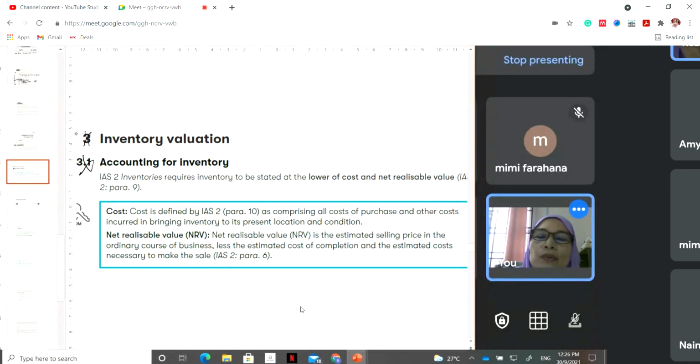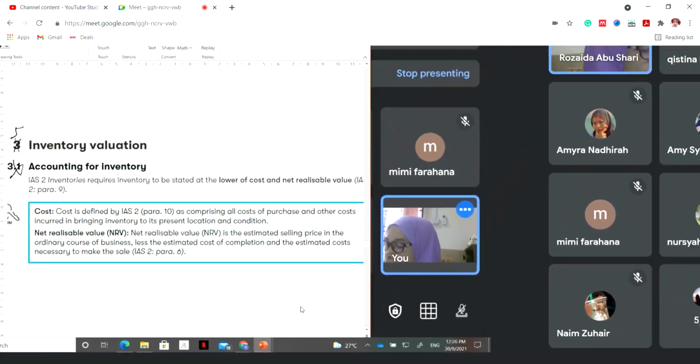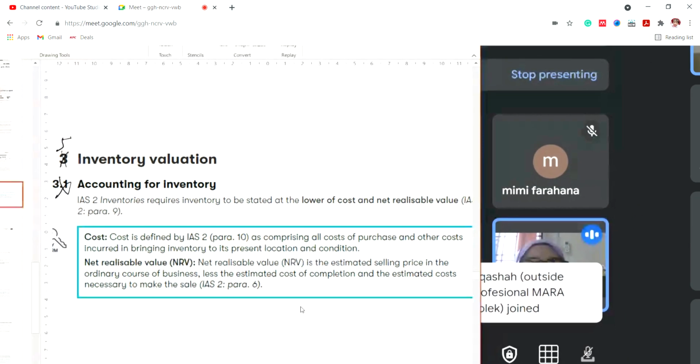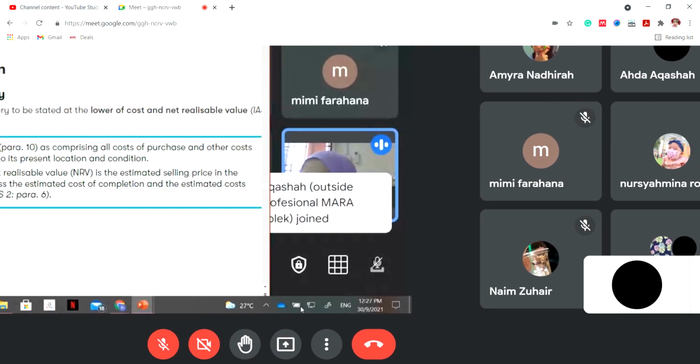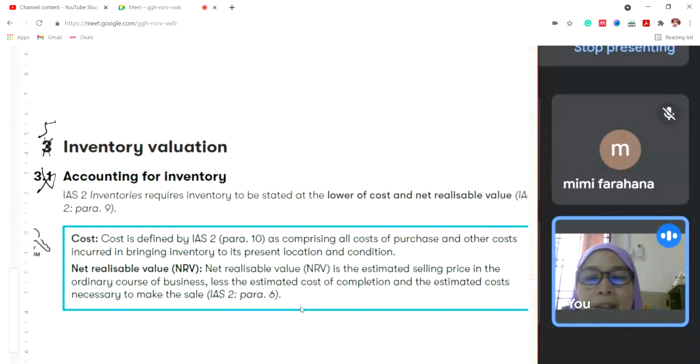So accounting for valuation of inventory. So kita pergi kalau in the books, number 5 lah. Okay, the last part on the inventory valuation. So inventory valuation, you have to take into consideration the allocation of cost and NRV.